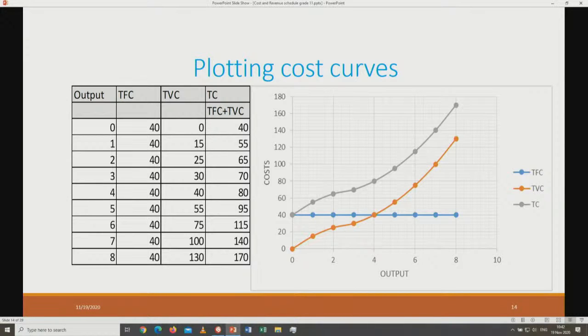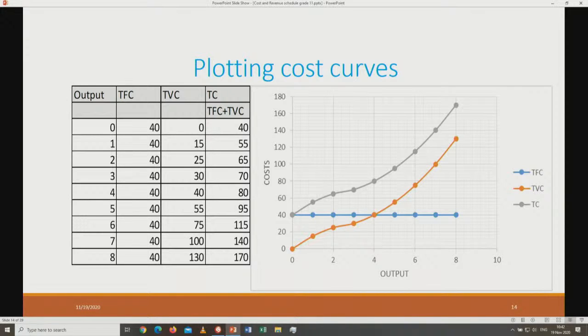It's for 25 of the costs and 2 of the output. The next one, let's look at 4. When we are producing the fourth unit, what is the total variable cost? It's 40. So for 4, it's 40. We already have that point there.